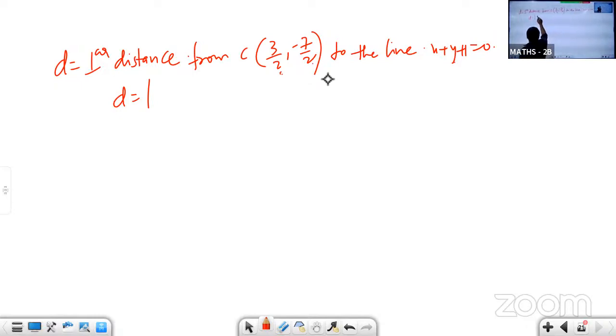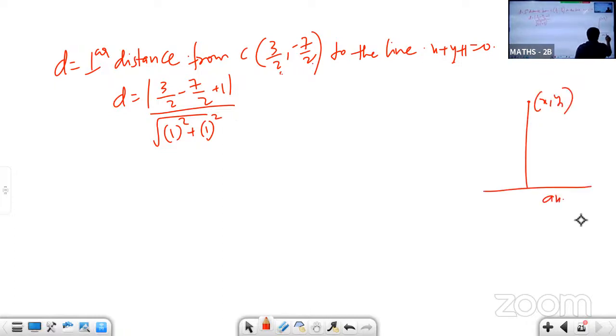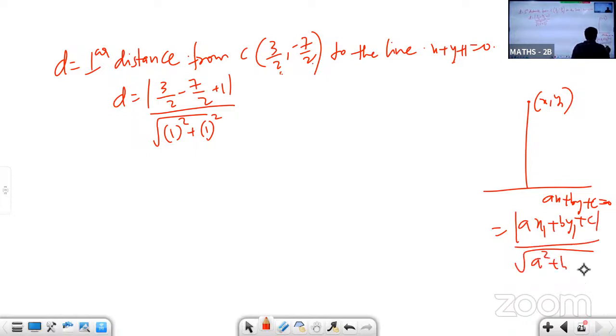That is 3 by 2 minus 7 by 2 plus 1, by under root of the coefficients. It is the distance formula: the perpendicular distance from x1, y1 to the line ax plus by plus c is mod of a x1 plus b y1 plus c, by under root of a square plus b square. Here we use the coefficient of x, not along with x.